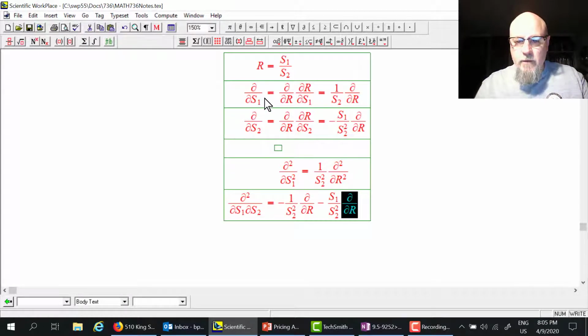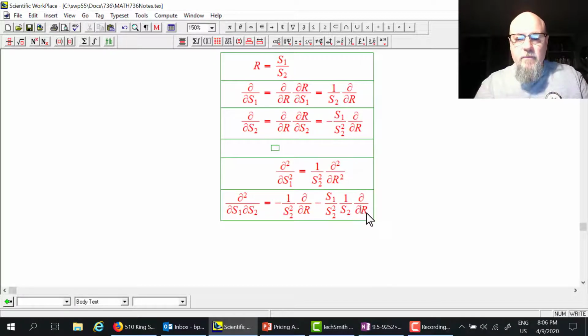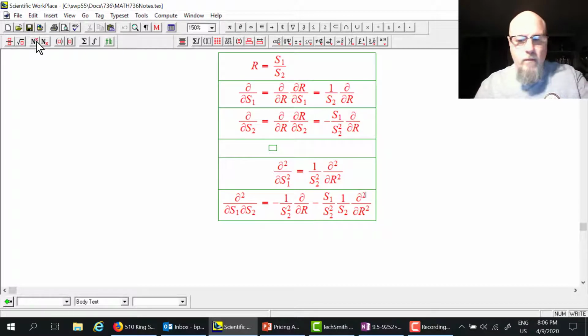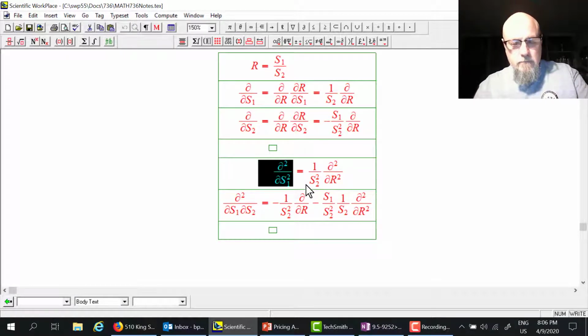When you differentiate something with respect to S1, you multiply by 1 over S2 and then differentiate that thing with respect to R again. So I need another one of these, and then this becomes our second derivative. Okay, so now I've got the heterogeneous partial. Let's get, what do I need? I need the S2 one.